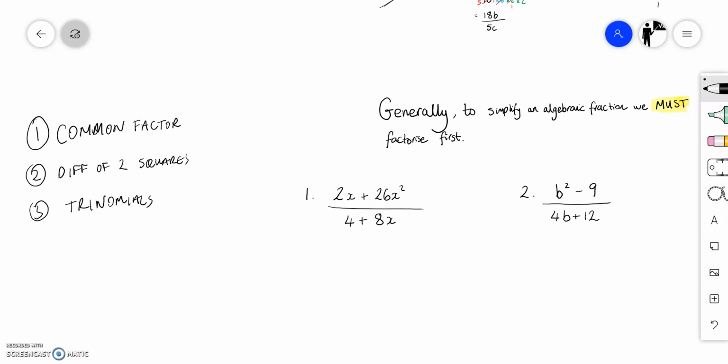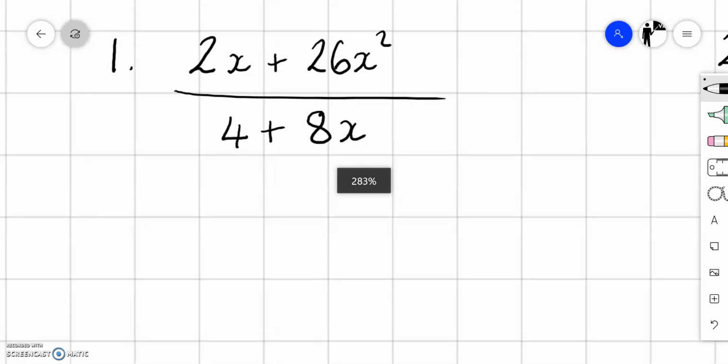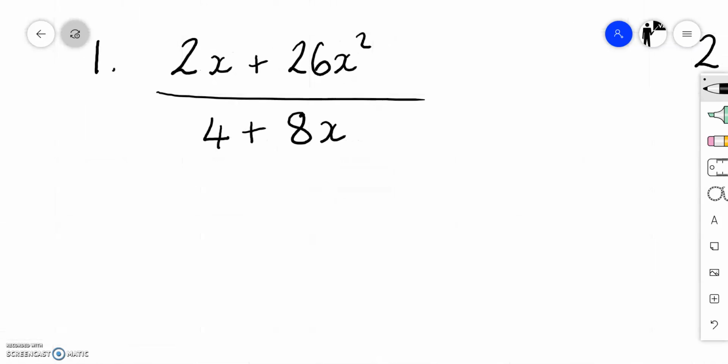Okay, so we're going to apply this to our numerator and denominator and see if we can simplify anything. So we want to simplify 2x plus 26x squared over 4 plus 8x. This looks very different to those expressions because we've got some additions involved here. So in order to simplify this, we need to factorize.